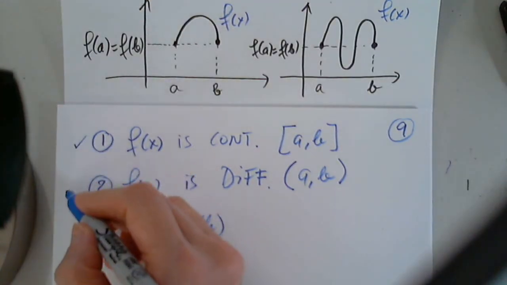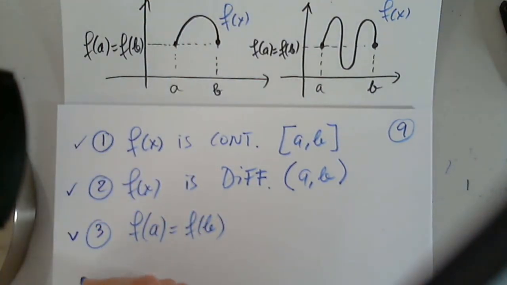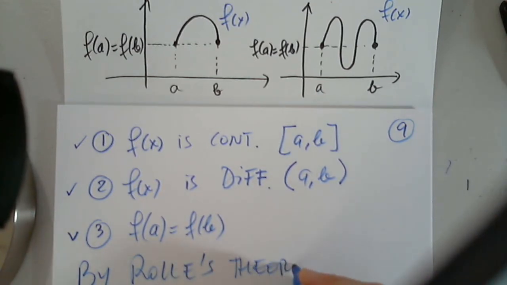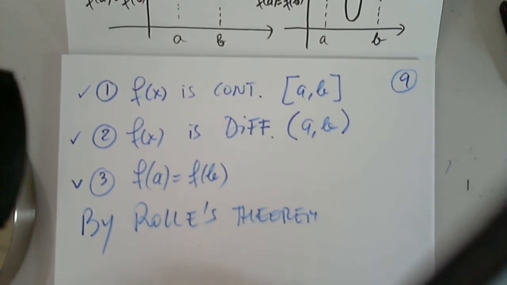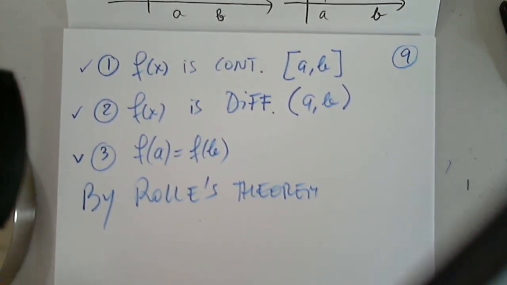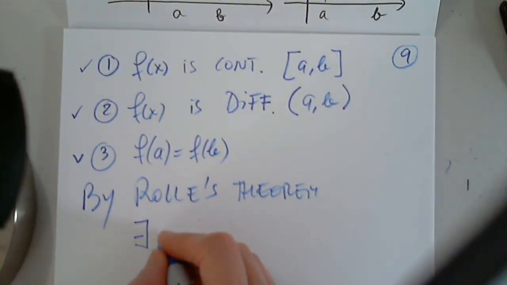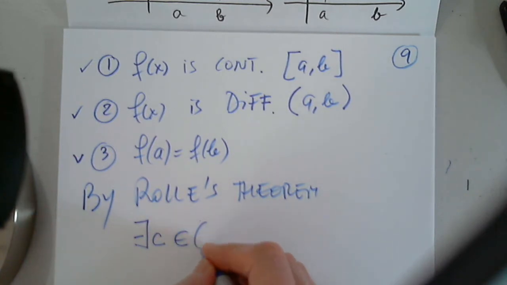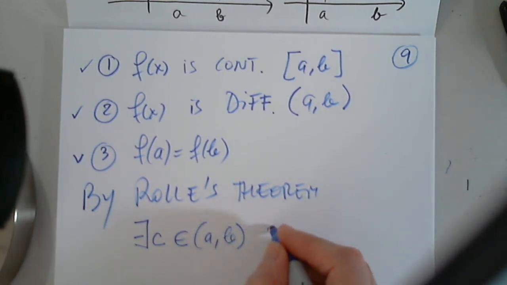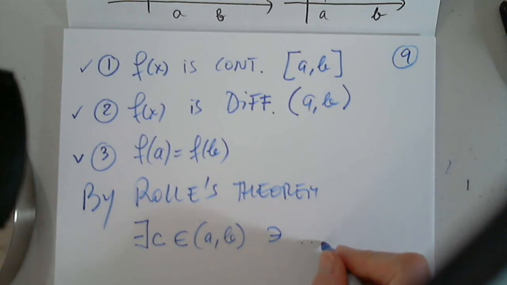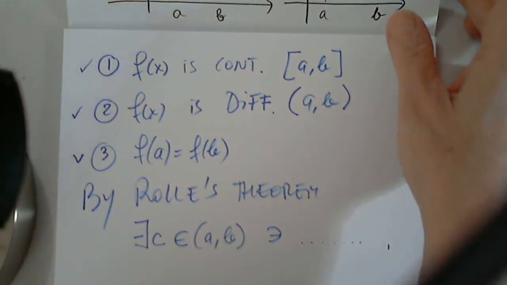Yes. Since all these three conditions are fulfilled, then we will say by Rolle's theorem, and this will bring you wonderful memories, there exists a c in the open interval a comma b such that, so let's take a look.